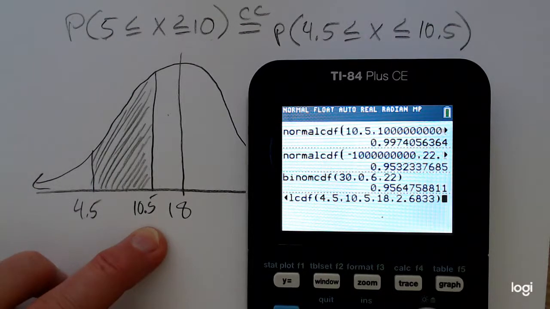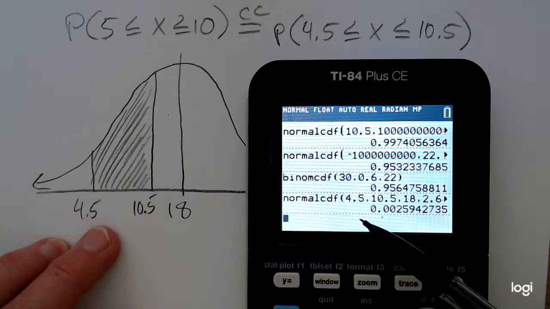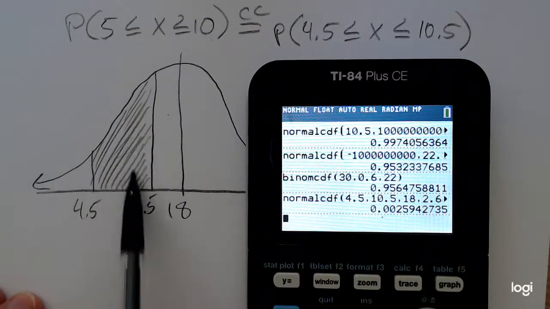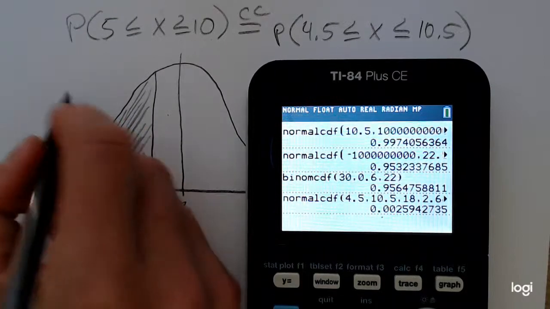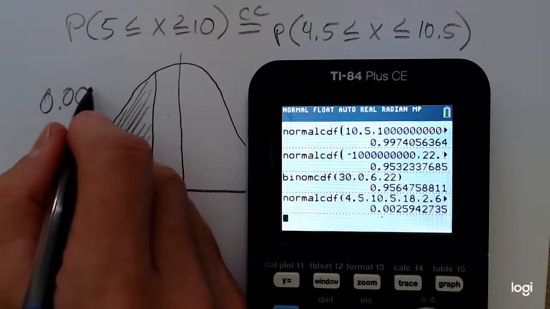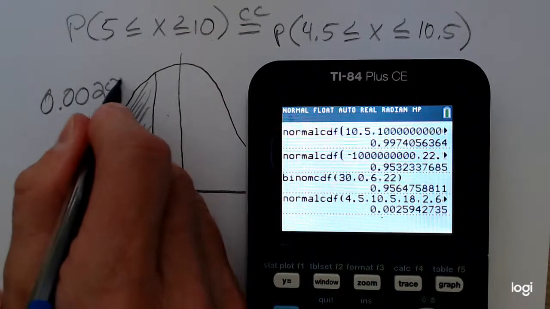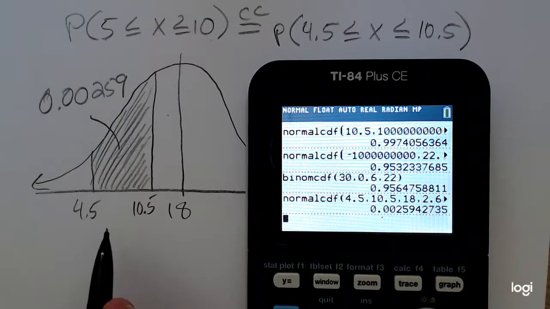And then enter and enter again. All right, so I clearly did not draw this proportionally correct. This is not 0.2 percent of the shaded area. I tend to draw the areas larger so that I can see the values on the horizontal axis.